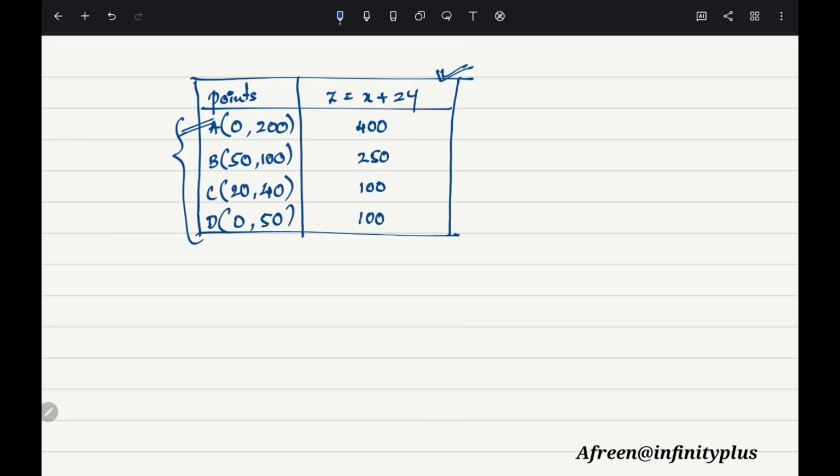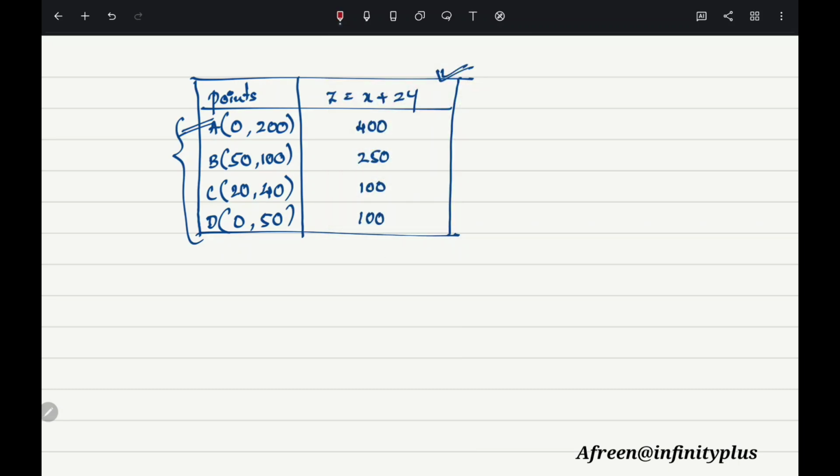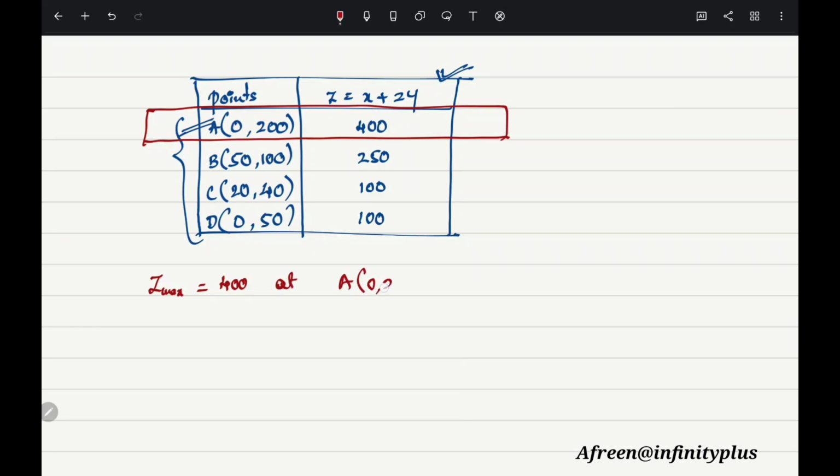So you can observe from this table where Z is attaining the maximum and the minimum value. The maximum value is attained at the point A. So Z maximum can be written as 400 at the point A, 0, 200. Now you can observe what is the minimum value here. Yes, you are getting two minimum values, that is Z minimum is equal to 100.